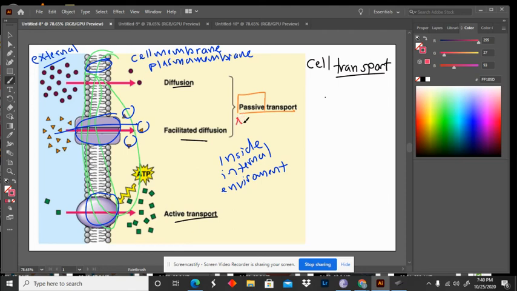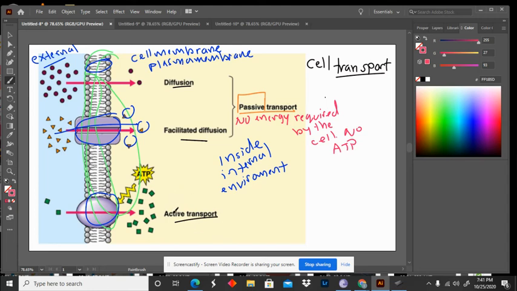So passive means no energy required by the cell. No ATP, which is an energy molecule. That's why it's called passive. Think of it like a person that's considered passive: they really don't do much, kind of quiet, not very energetic. Well, that's why scientists have named it passive transport.